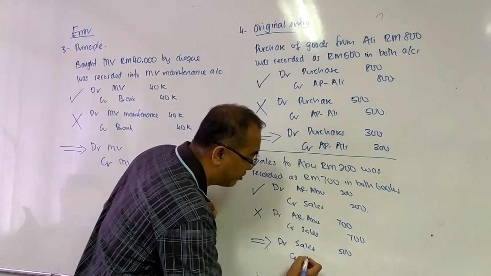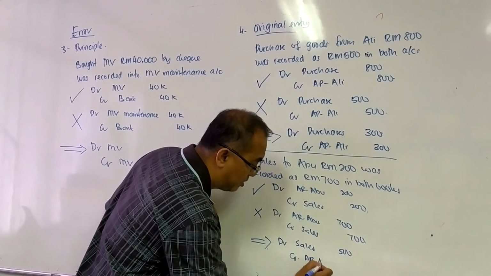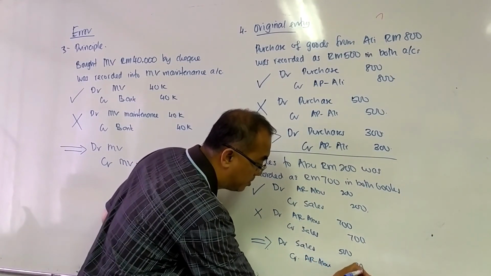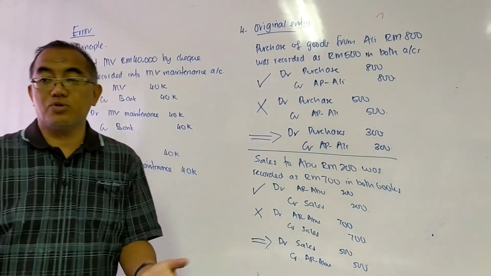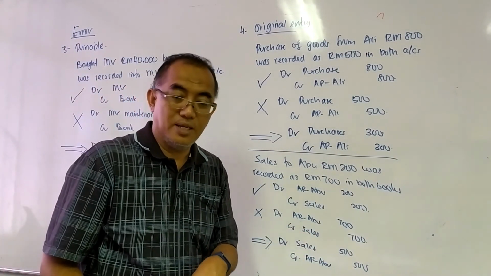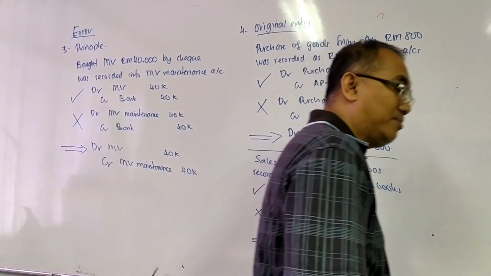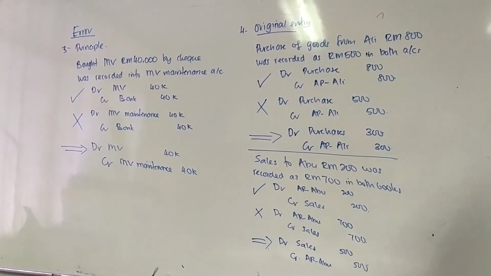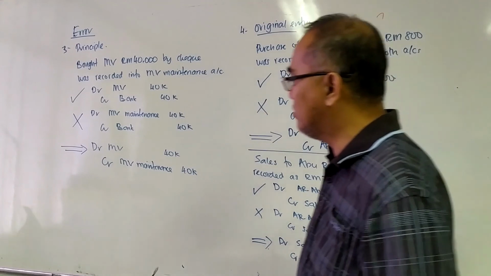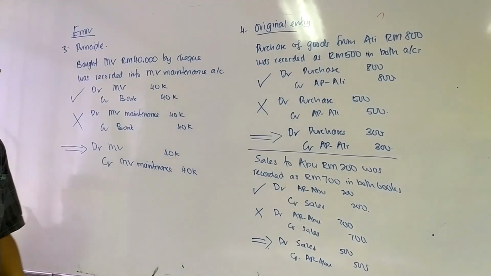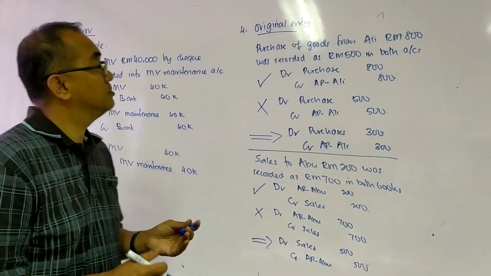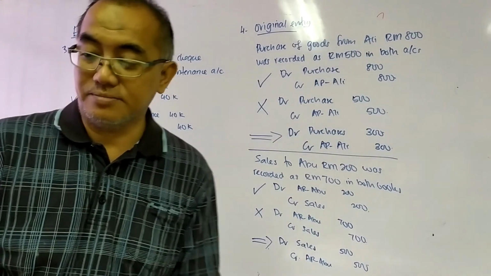And then credit AR Abu also 500, because AR Abu was also 700. If you want to reduce, you just go to the opposite. Quite simple. Okay, now you have understood this well. This was the error of original entry.